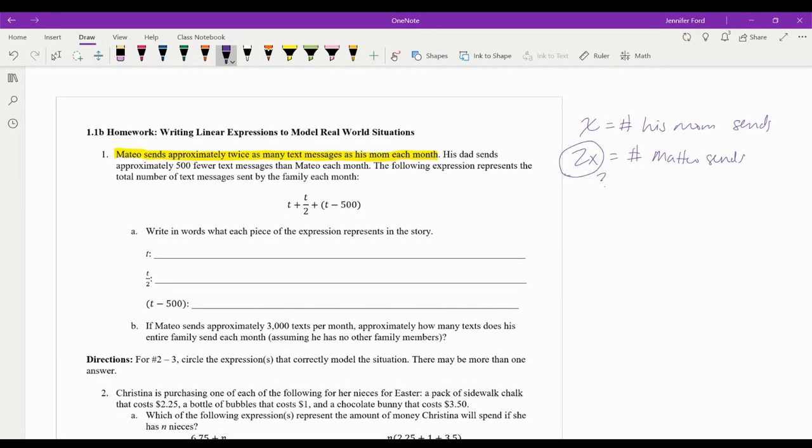If we flip it though, if we say that T represents the number of texts that Mateo sends, check out what happens. Then T divided by 2, his mom sends half, that's going to be the number of texts his mom sends.